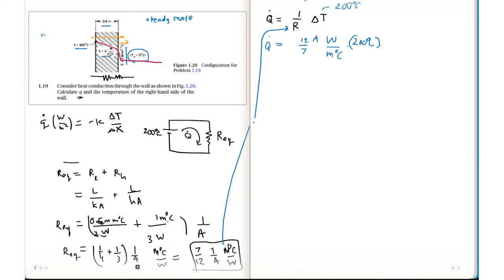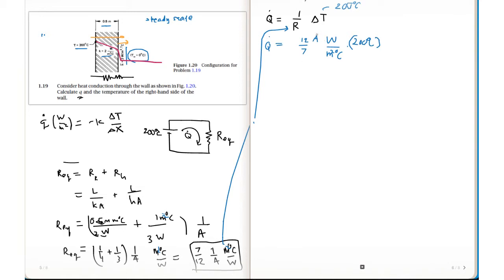These units are wrong. It's 3 watts per meter squared degree C, and here there's meter squared, so this should be meter squared.